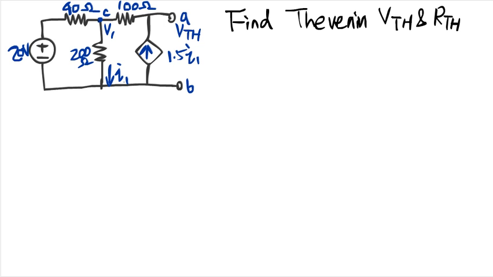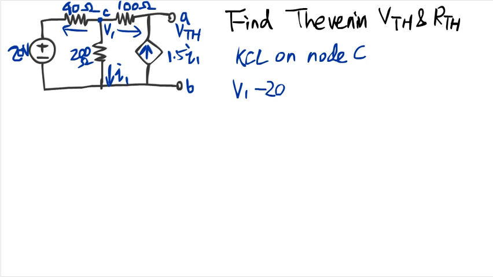So the first thing we can do is KCL around node C. And we know that the current running in or out of this node has to add up to 0. The current running out of the 40 ohm resistor is V1 minus 20 volt divided by 40.